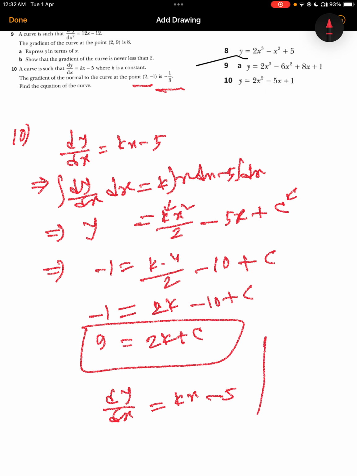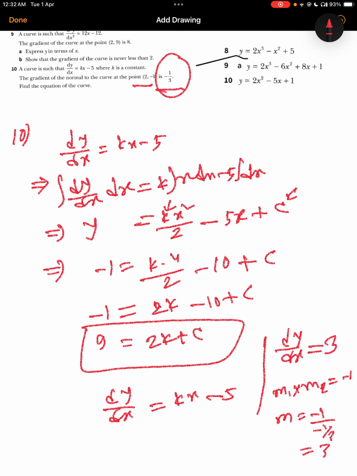Its normal would be such that m1 m2 = -1. The normal gradient is given as -1/3. So the tangent gradient would be m = -1 divided by -1/3, so it becomes 3, because the gradient of the normal is given as -1/3.